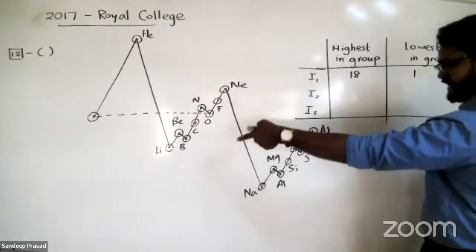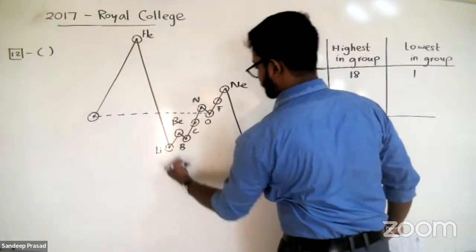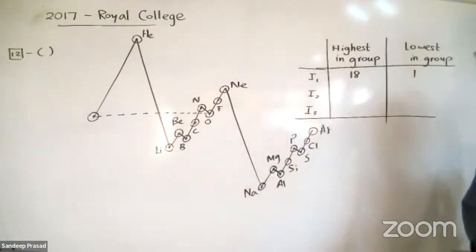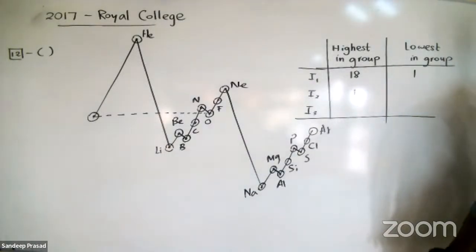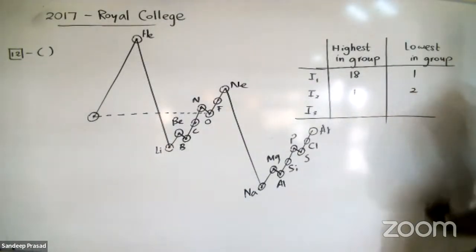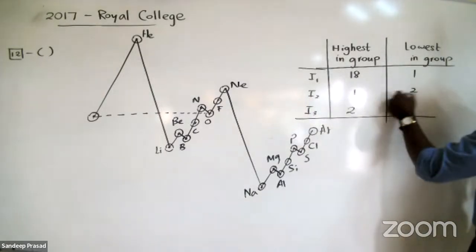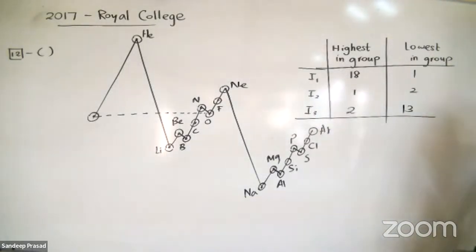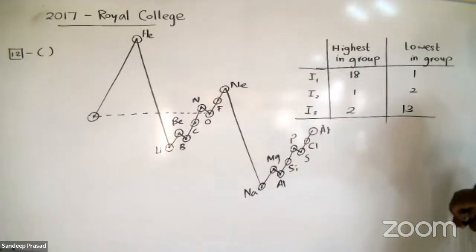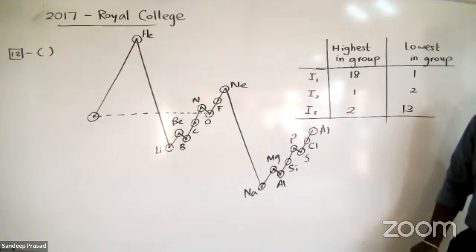And if you consider the second ionization energy, lithium goes here, beryllium comes here. So therefore, highest second ionization belongs to group number 1. Lowest second ionization belongs to group number 2. Highest third ionization energy belongs to group number 2. Lowest third ionization energy belongs to group number 13. So likewise, we can remember this table. This is very important. Using the first ionization energy graph, you can derive the second and third ionization energy graphs also.